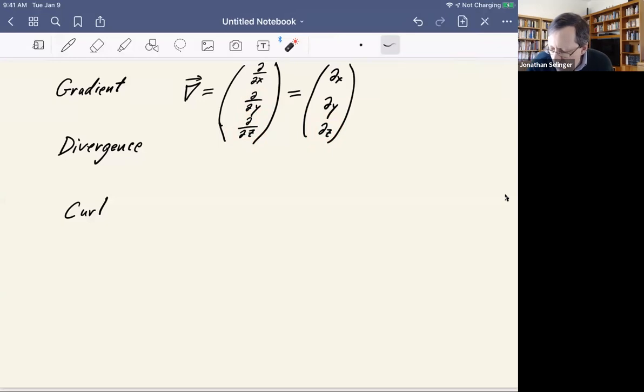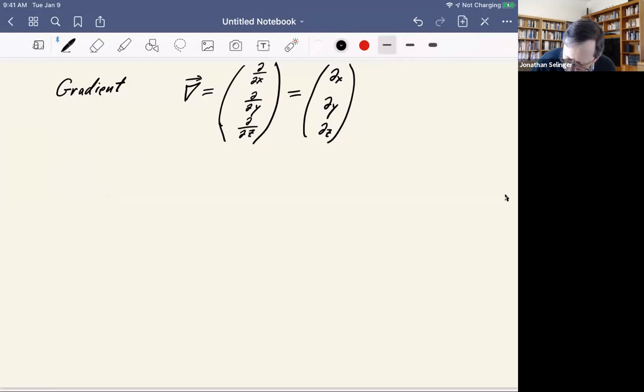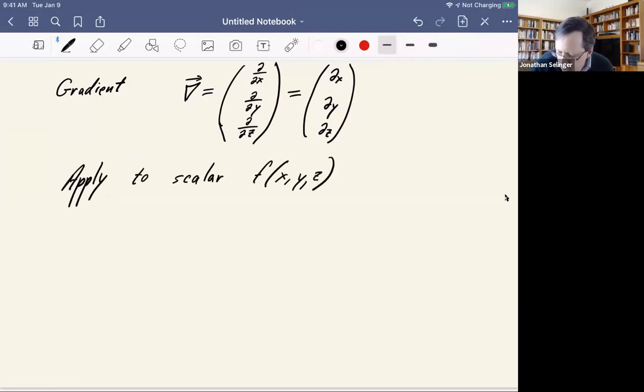Okay, now you can apply this to a scalar. Here, I'll make more room. We could apply it to a scalar, some f of x, y, and z. And if we apply it to a scalar, you get a vector, right?